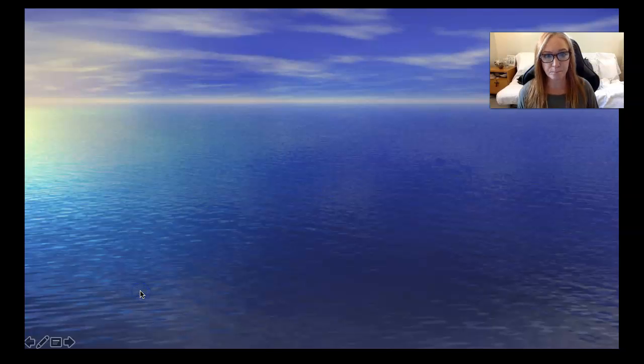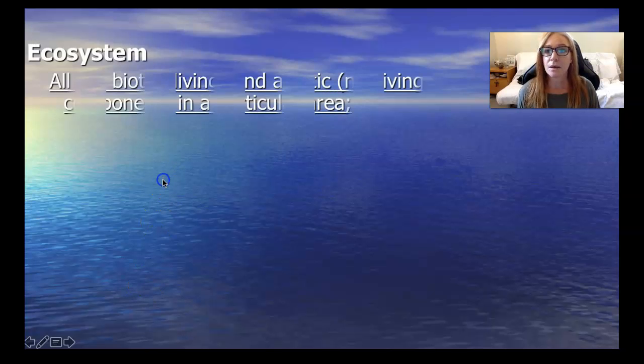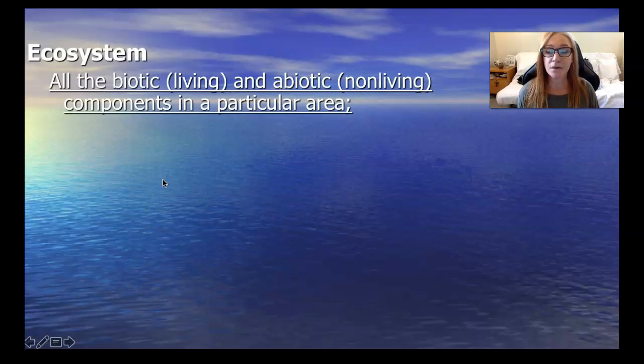What's an ecosystem? An ecosystem is all of the biotic and all of the abiotic factors in a particular area. That's a pretty loose definition. Particular area means whatever the ecologist is studying.